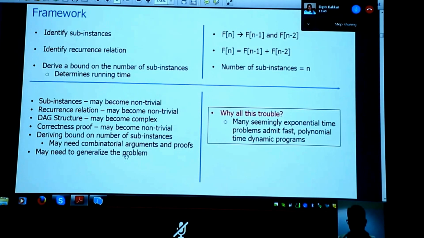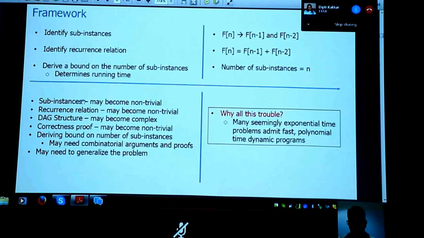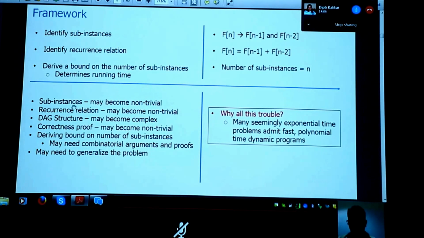So all these things may happen. In the subsequent lectures, we are going to see example problems where we'll see some of these phenomena, maybe not all: deriving a bound, generalizing the problem. As our examples become more complicated, all these things will manifest there.